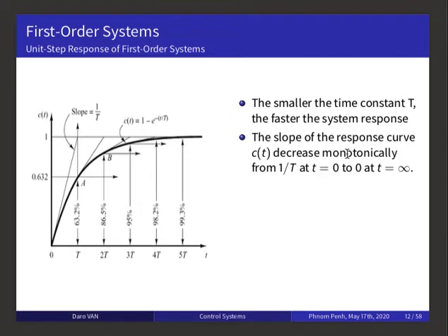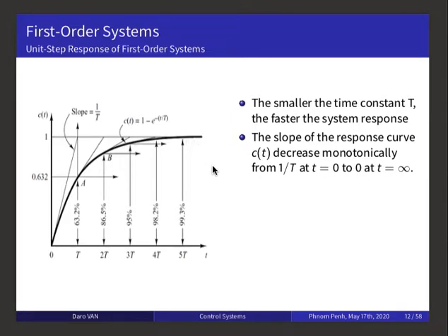The slope of the curve Ct decreases monotonically. It is large at first, and then it decreases until at this time it's almost 0. T is getting larger and larger. If t equals infinity, the slope will be 0.